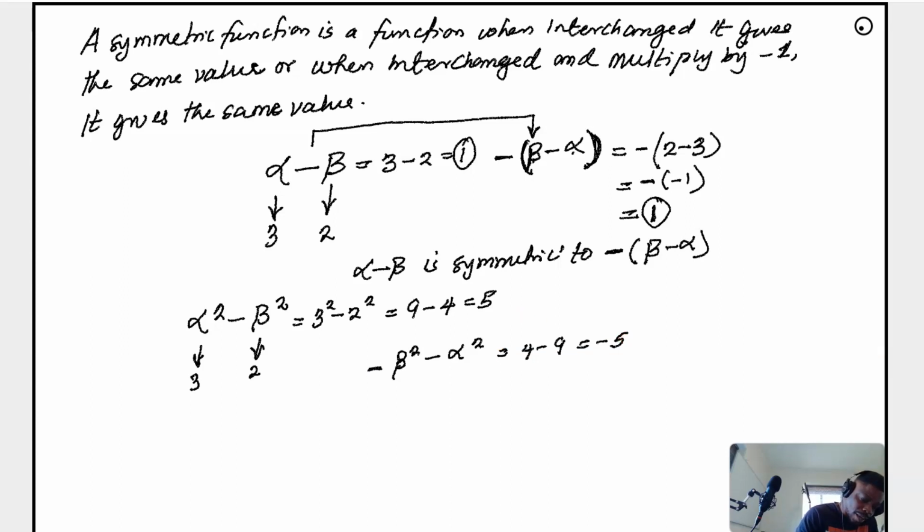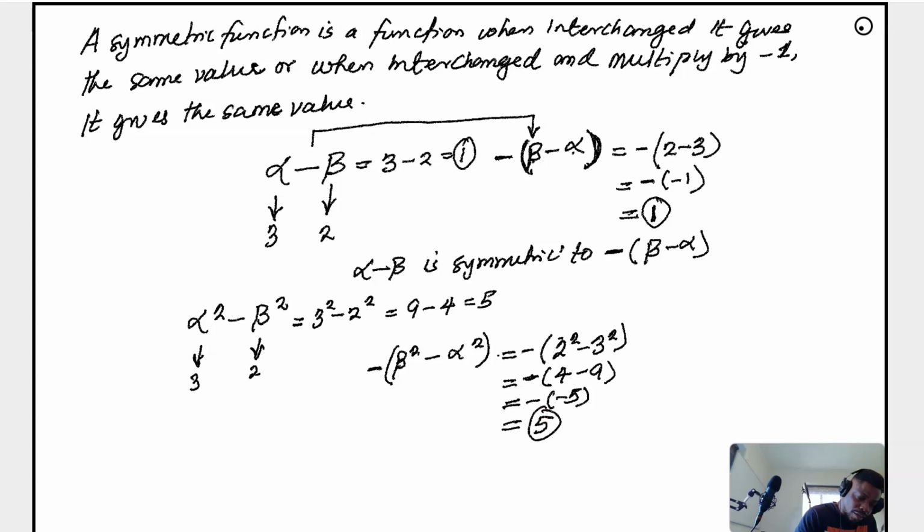But if I multiply by minus 1 now, I'm going to have minus bracket 2 squared minus 3 squared, minus bracket 4 minus 9, minus bracket minus 5. This is 5.